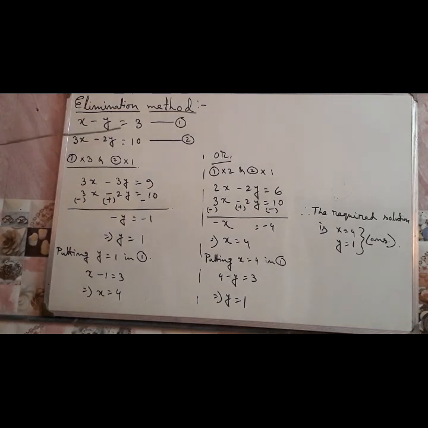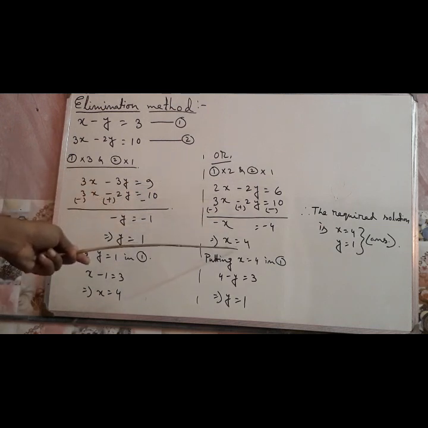So multiply the first equation by 2, that is the coefficient of y in the second equation, and the second equation by 1, that is the coefficient of y in the first equation, and the same process like the previous. Then y will be eliminated. At first you will get the value of x. After putting the value of x in either the first equation or the second equation, you will get the value of y.